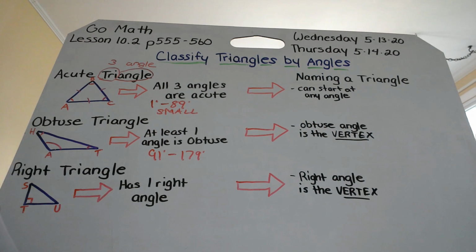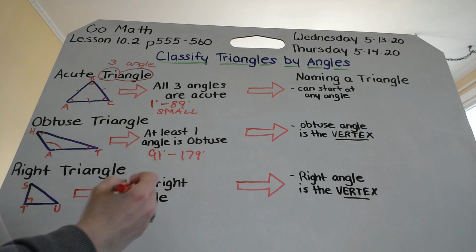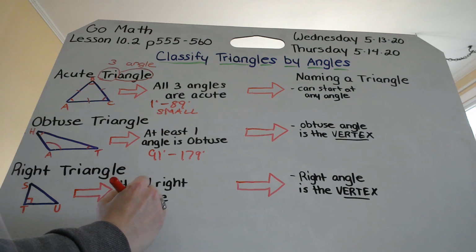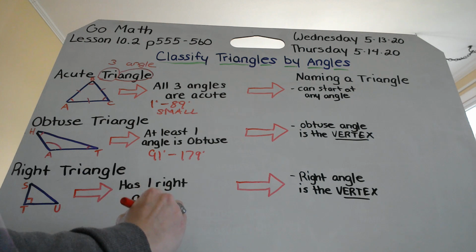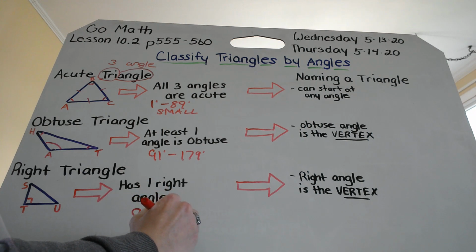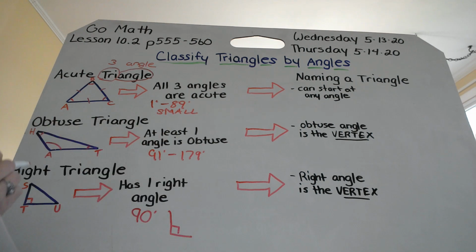All right, and our right triangle, these are pretty simple to spot or to pick out, because it has at least one right angle, and you know that a right angle measures 90 degrees. And we said on Monday that a right angle looks like an L, and that it always has this little box in the corner right there. The triangle is the same way. So for right triangles, you will always see this little box right here most of the time.